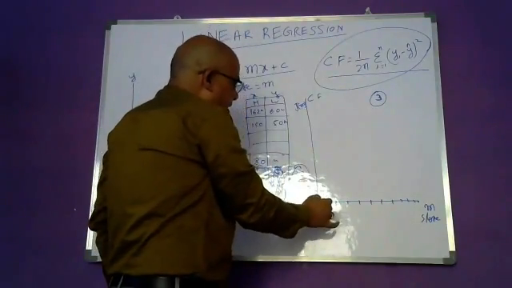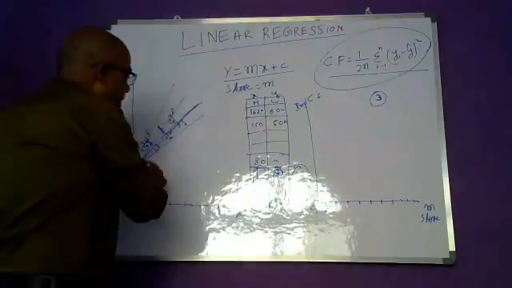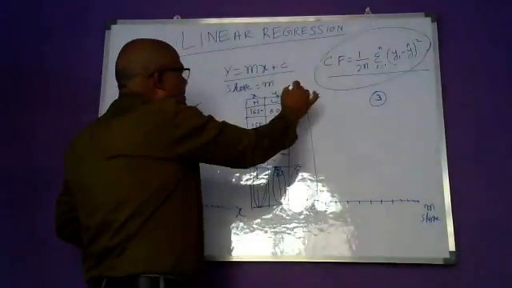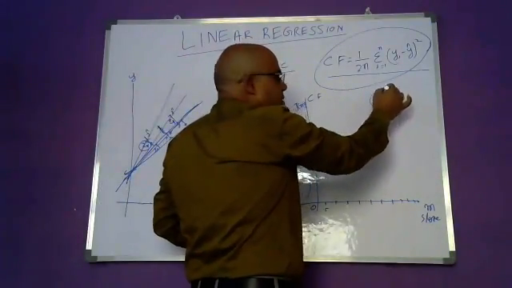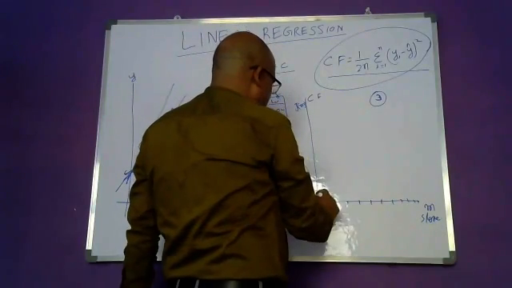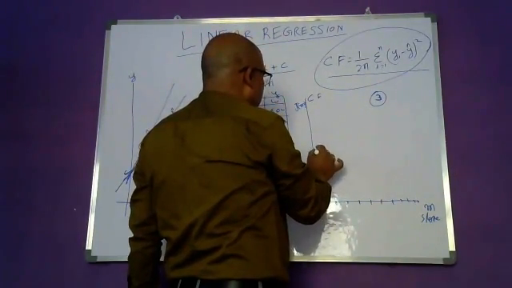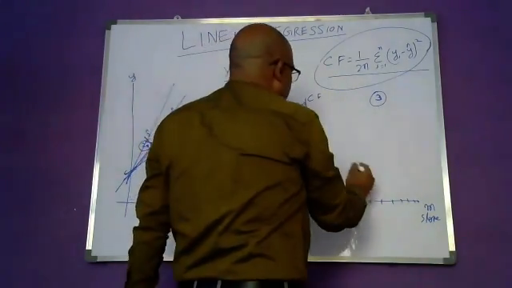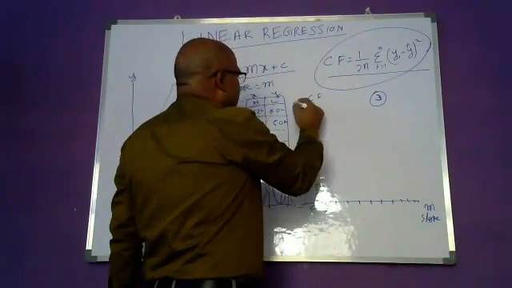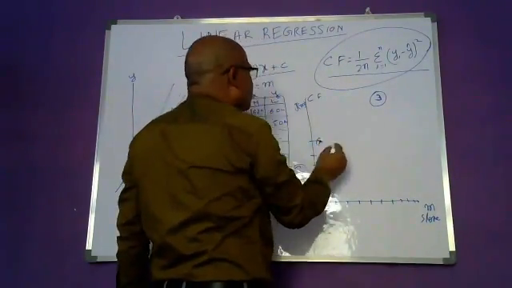Suppose we have taken the slope as 0.5. With a slope of 0.5, if I calculate the cost function, suppose it is 3. So for 0.5, it is 3.